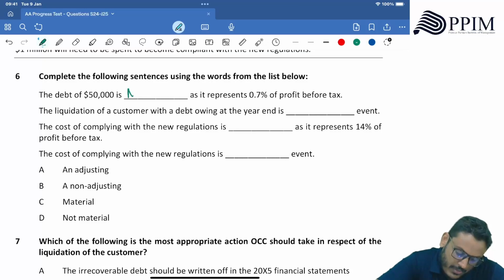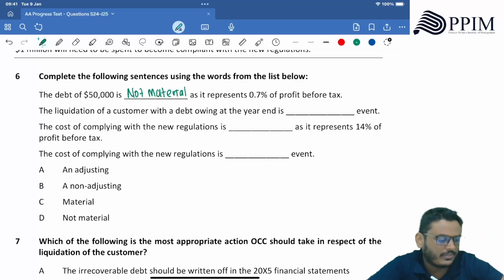The debt of 50,000 is not material, as it represents 0.7% of profit before tax.